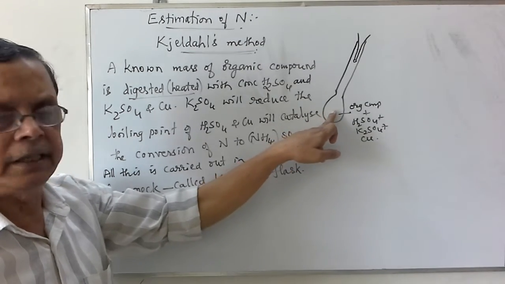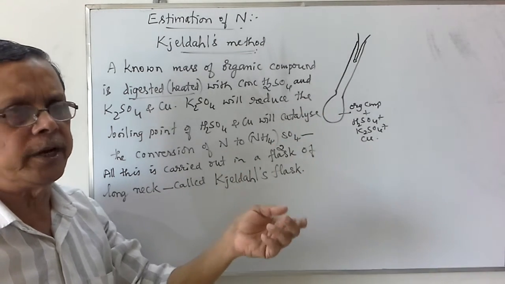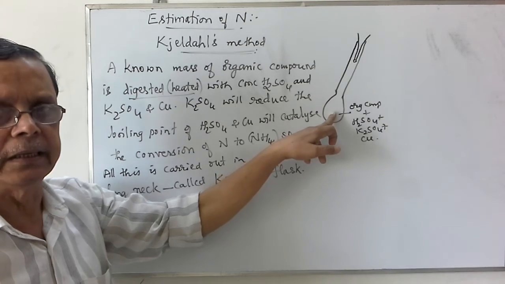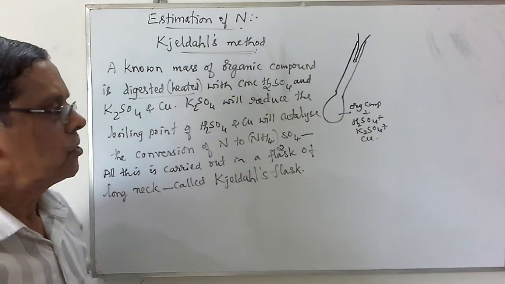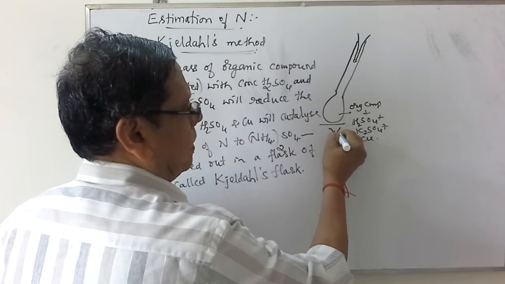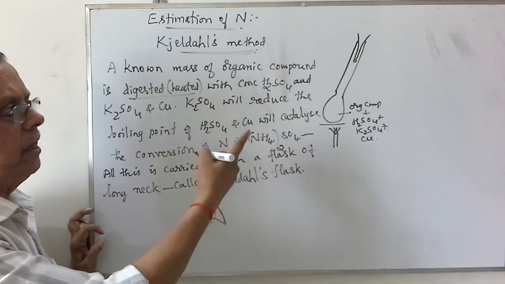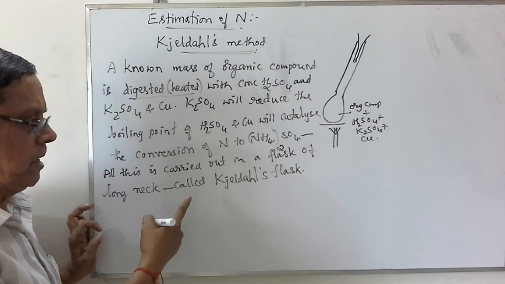So we will first get a black solution. Once all the nitrogen is converted to ammonium sulfate, the solution will become clear, that is colorless. Till then we have to heat this flask along with the sulfuric acid, potassium sulfate and copper.